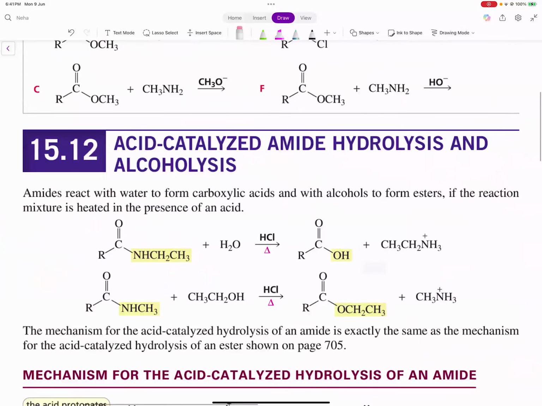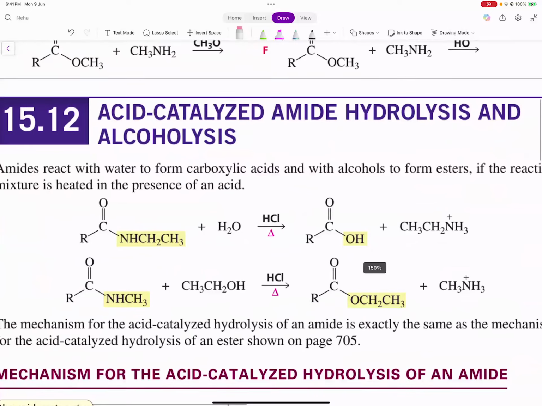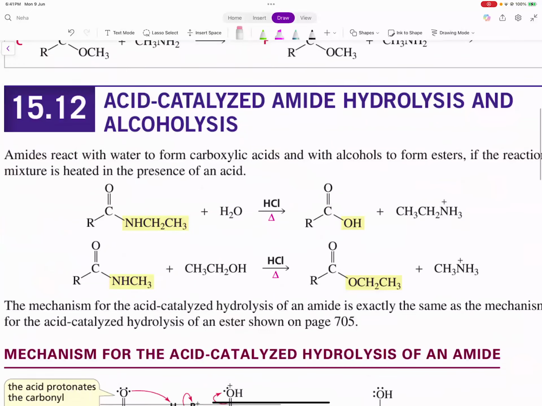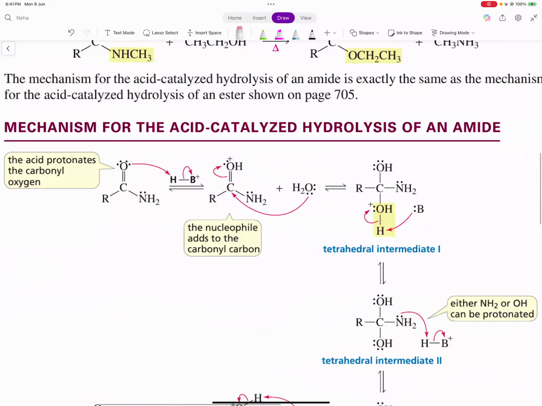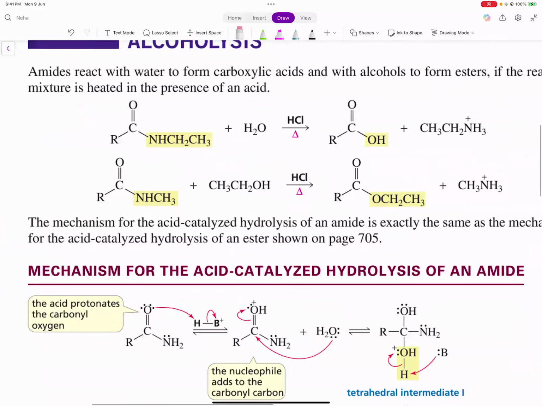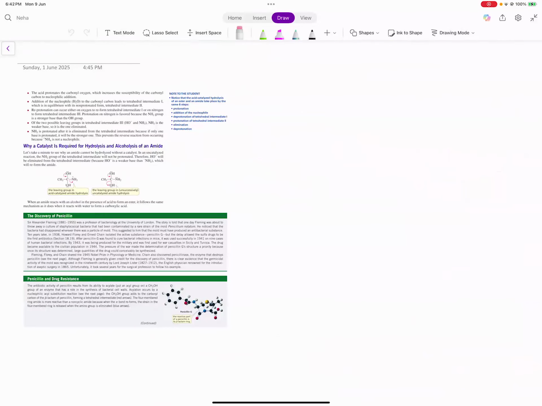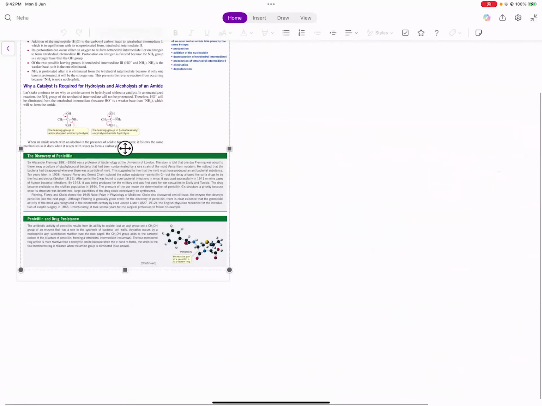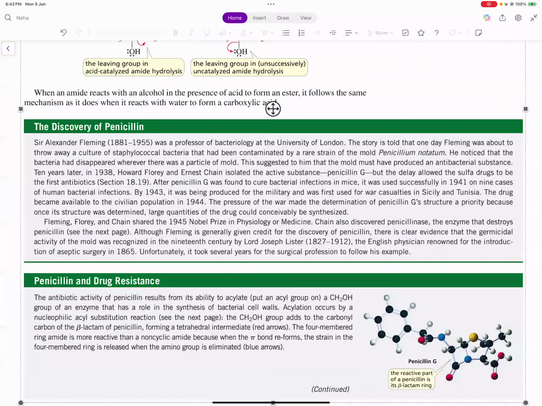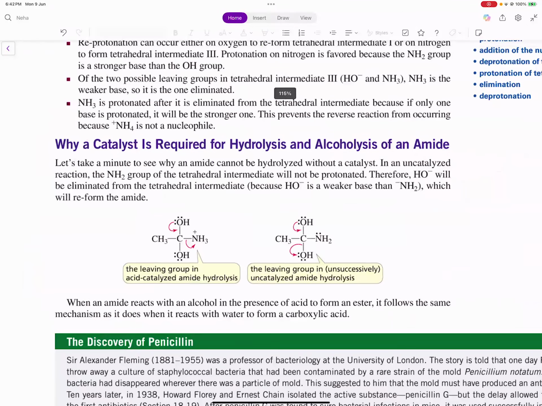So it's the same as ester only, right? And the same thing, we are able to make the ester also. Why is a catalyst required?